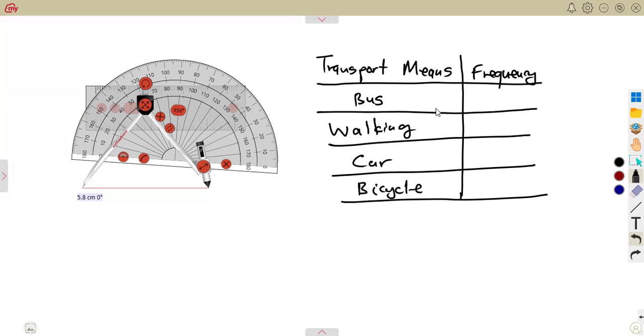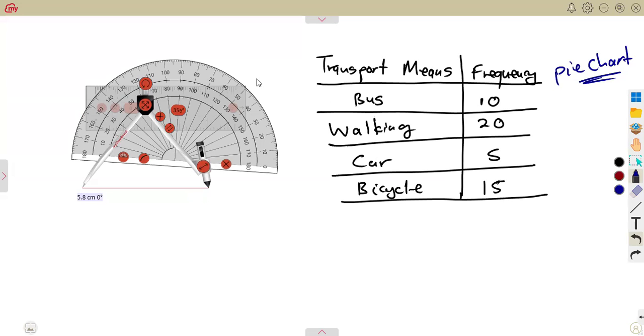This is the information that you are given, as frequencies. The frequency there is 10, 20, 5, 15, like this. The question is asking to present this on a pie chart. How are you going to present this on a pie chart?